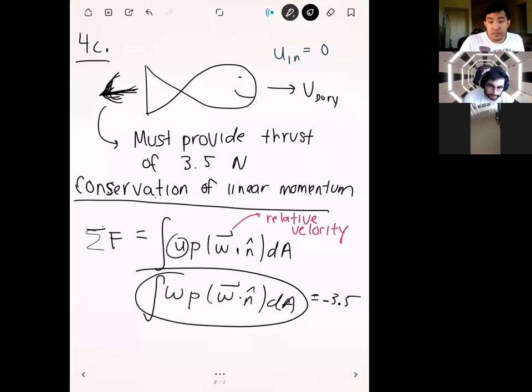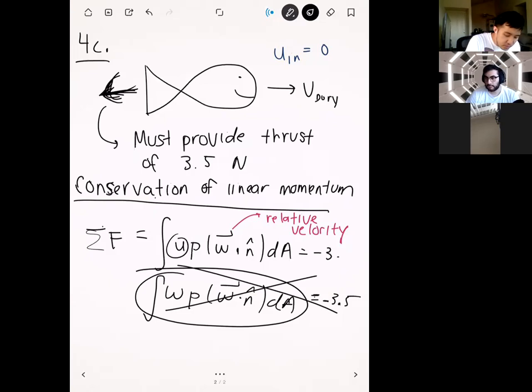We have to accelerate the flow going to the left, so it has to be negative. But if you solve the problem like this, you get an imaginary number, which is not good. The best way to solve this problem is to use this form up here. You set this equal to minus 3.5 newtons, and then you solve this as before.